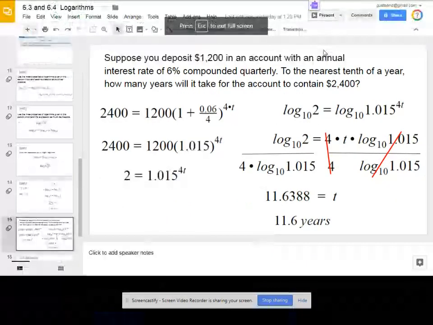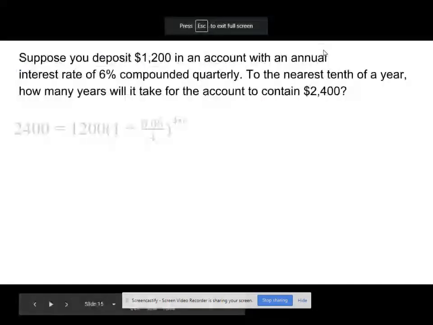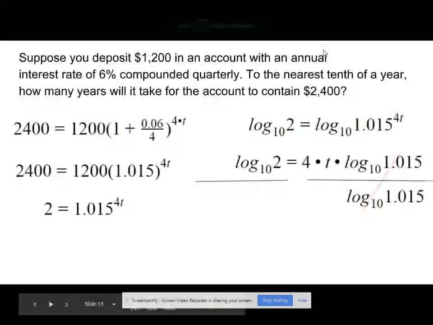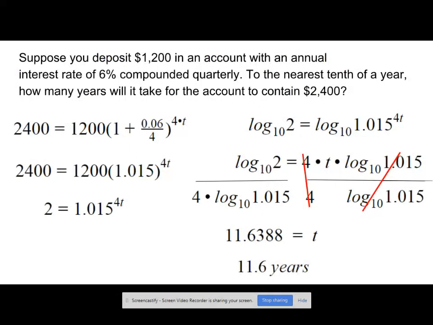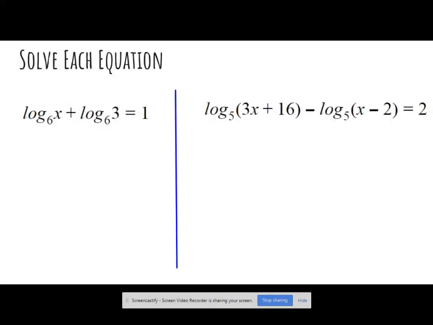Okay, almost done. I know this is kind of a long one. So we can solve now a whole new problem with our compound interest formula. I'm going to ask you to try these two on your own, solving the equation. Use the properties of logarithms that we've been looking over. Combine things together, rearrange things, see if you can't get x all by itself.